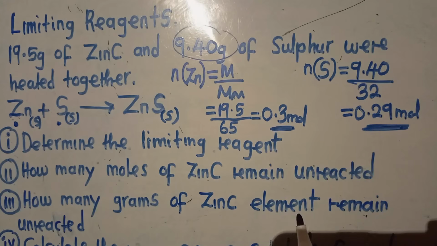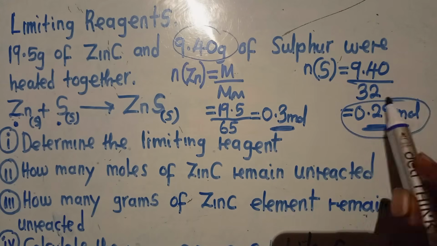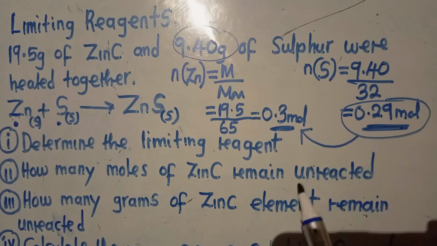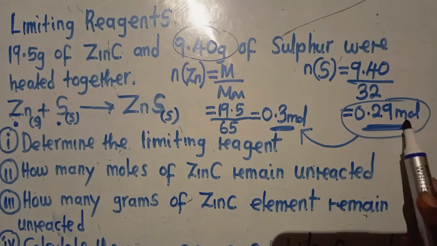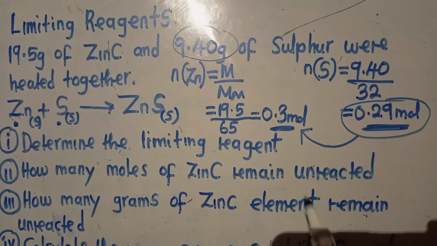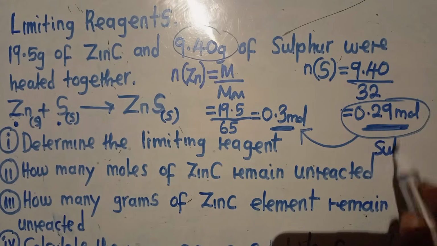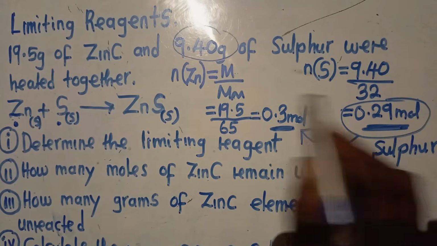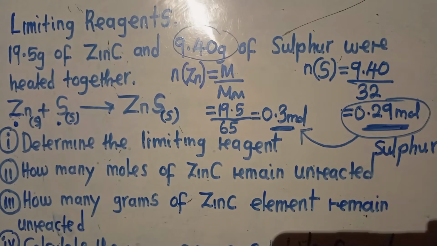This is the reason why it is the limiting reagent. So, determine the limiting reagent: it is sulfur. We've answered the first question with these calculations that you are supposed to put here.